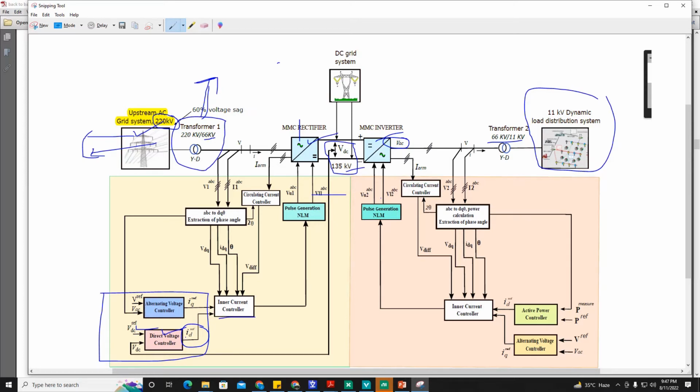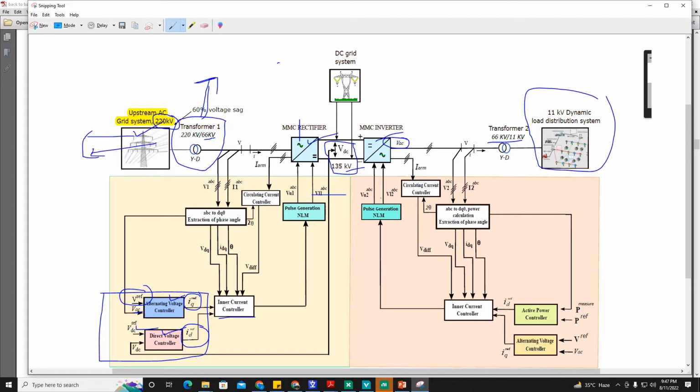The D component of the current, the real quantity, comes from the direct voltage control, and the other outer loop control here, this rectifier station, is responsible for AC voltage control. This is the reference AC voltage. This is the measured AC voltage. A PI controller is used here, and the output of this AC voltage control is IQ reference.